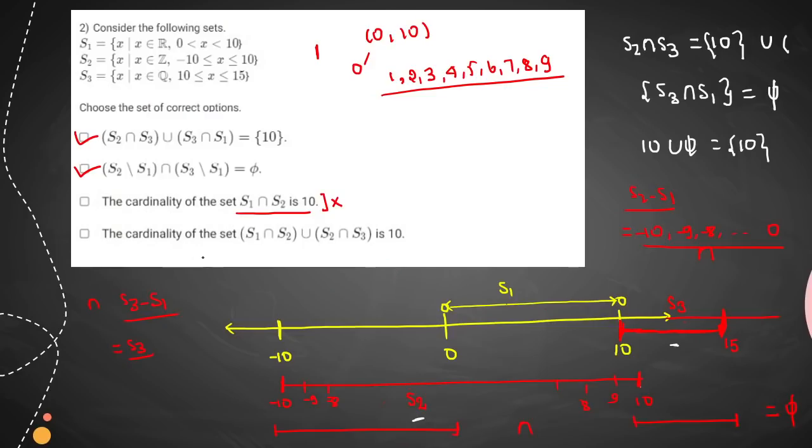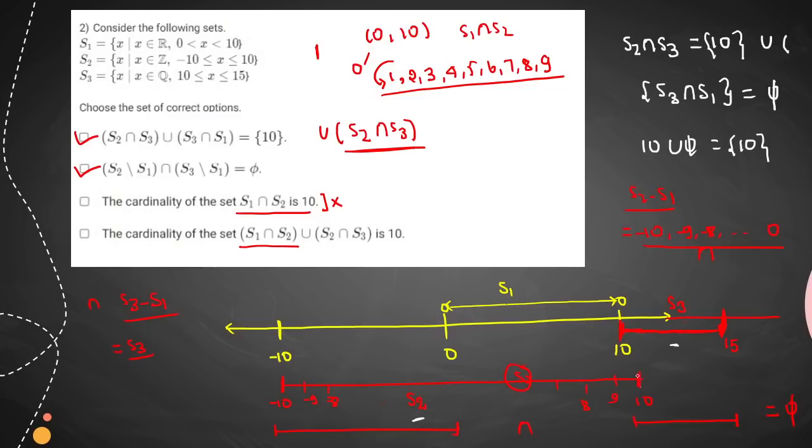The last option is the cardinality of S1 intersection S2 union S2 intersection S3. So we have to choose S2 intersection S3. So this was our S2 and this is S3.